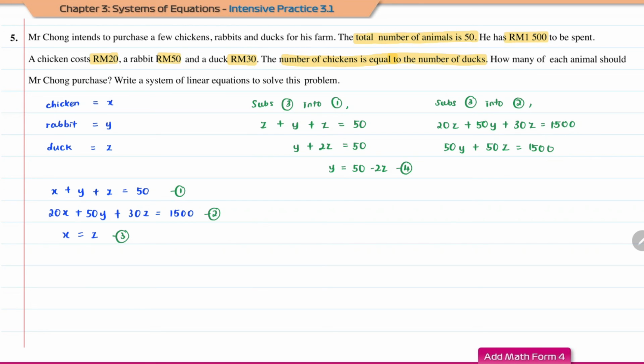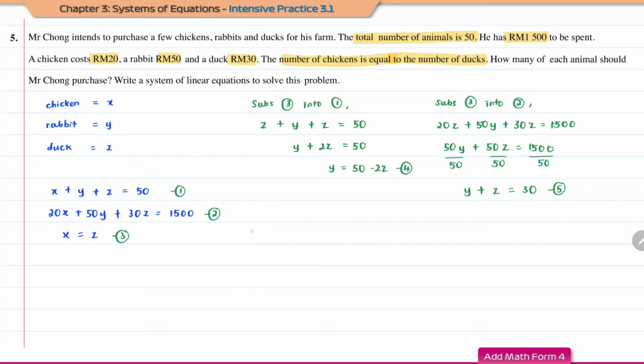If you want to simplify it, you also can. So I'm going to divide each of the terms here by 50. So here I'm going to have y plus z equal to 30. Alright, so this will be my equation number 5.